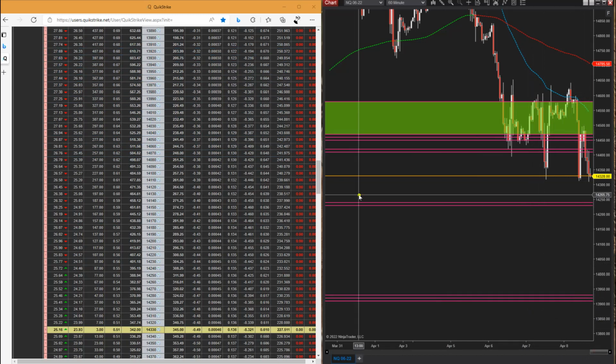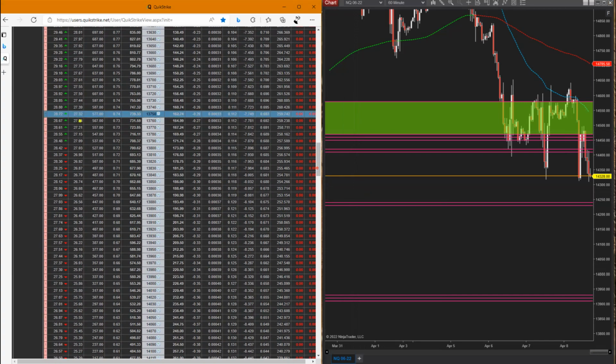And the last thing I like to look at is that higher level at the money, out of the money level, and that would be 13,800 and 790. That seems like a logical place.